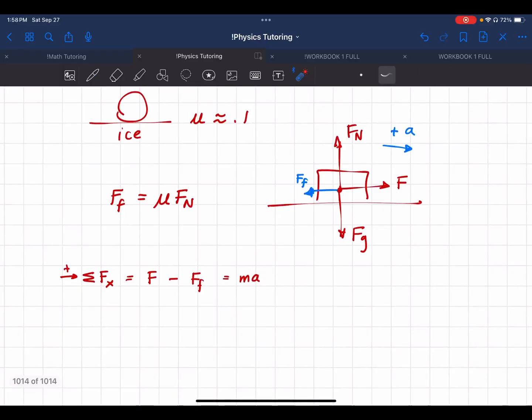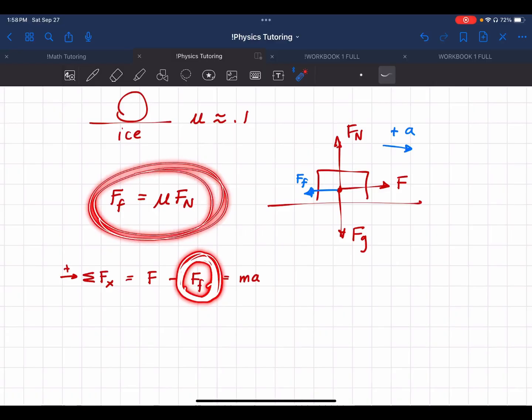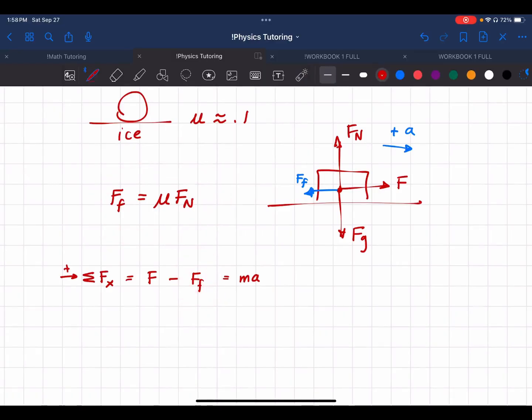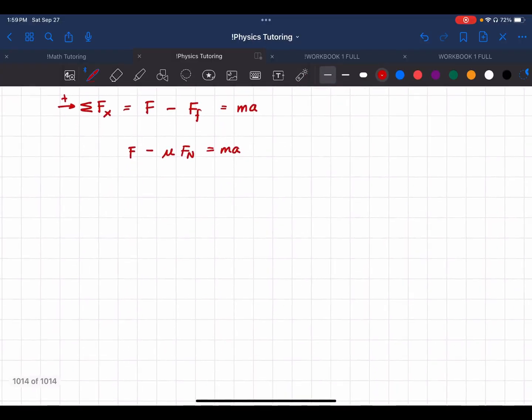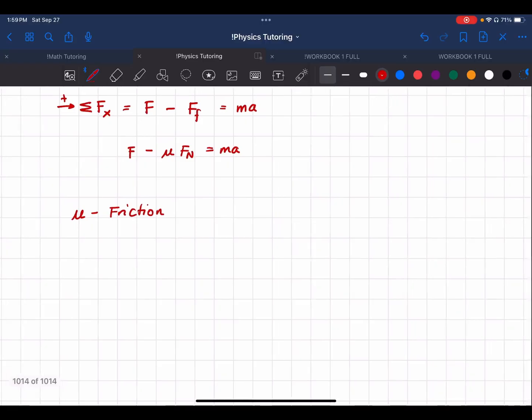The way I do these problems is I convert this to this. It's just gonna be F minus mu Fn equals m a. And then depending on my problem, that's gonna be the next topic, it just changes. So let's go over that. So mu is friction, right? And it has two types.